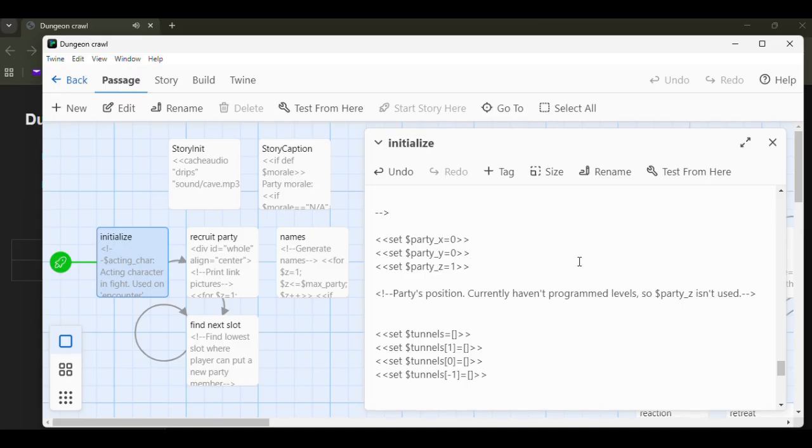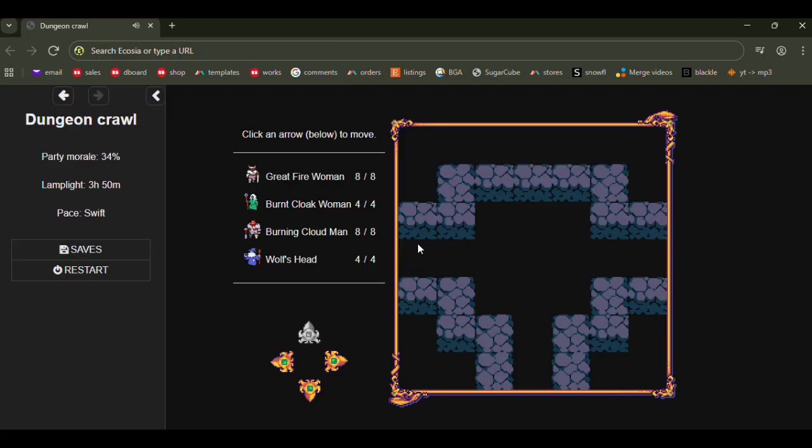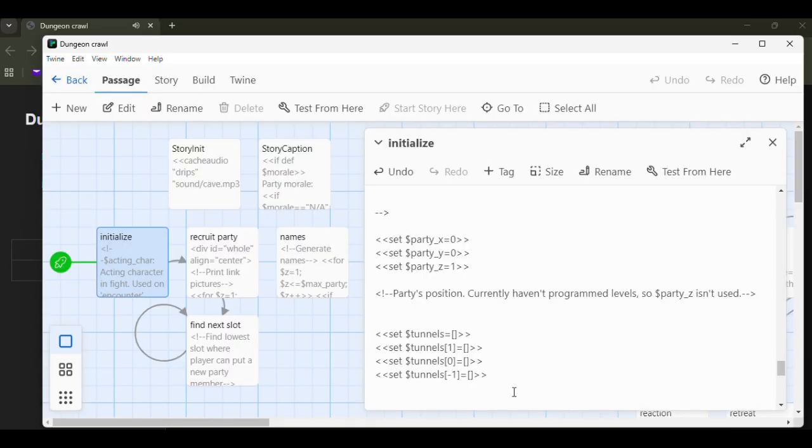So we immediately have a problem, which is there are 4 tunnels, and each of the tunnels can be open or closed in any combination. So there's 4 bits of information for any given area, but we only have 1 slot in the tunnels array. So how do we store 4 bits of information in the one area?